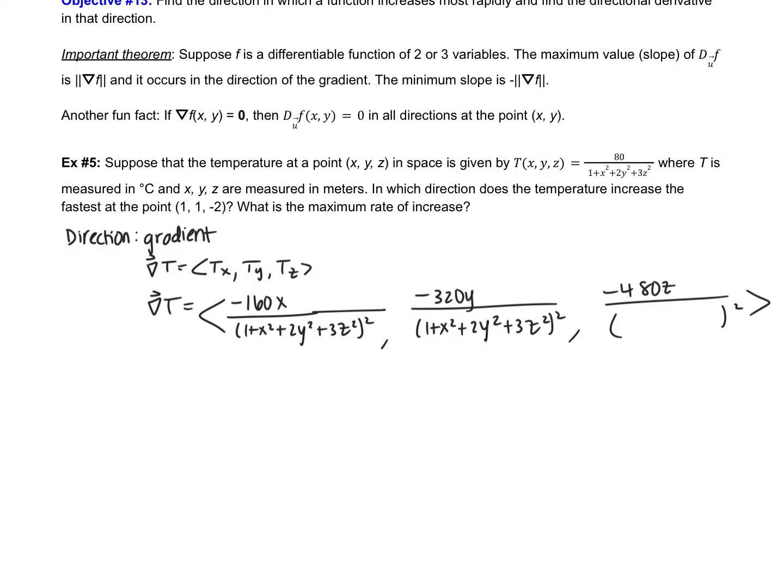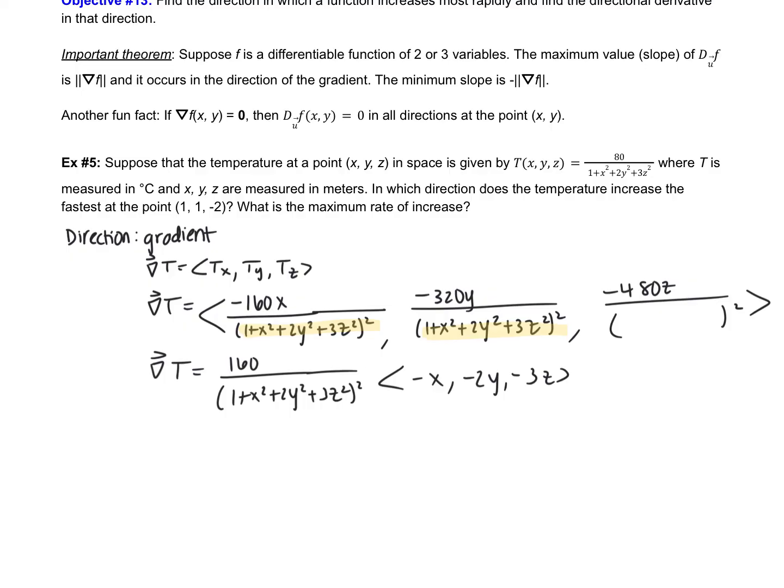So what I'm going to do, just to make this look a little bit kinder, is factor out that denominator. So the gradient of t, I'm going to write as 160 over 1 plus x squared plus 2y squared, add 3z squared, quantity squared, times the vector negative x, negative 2y, and negative 3z.